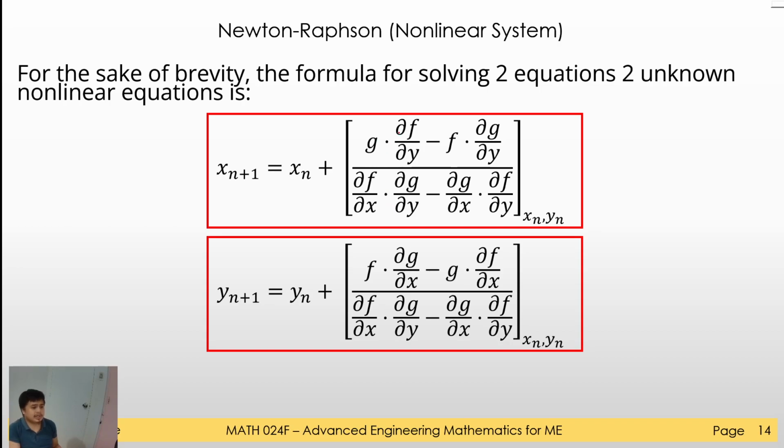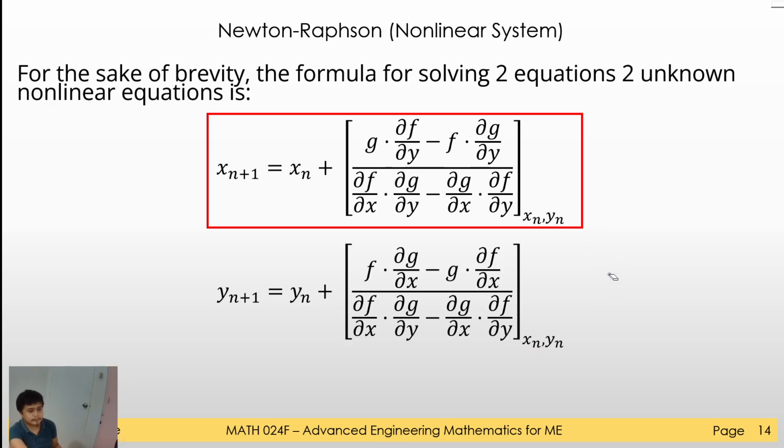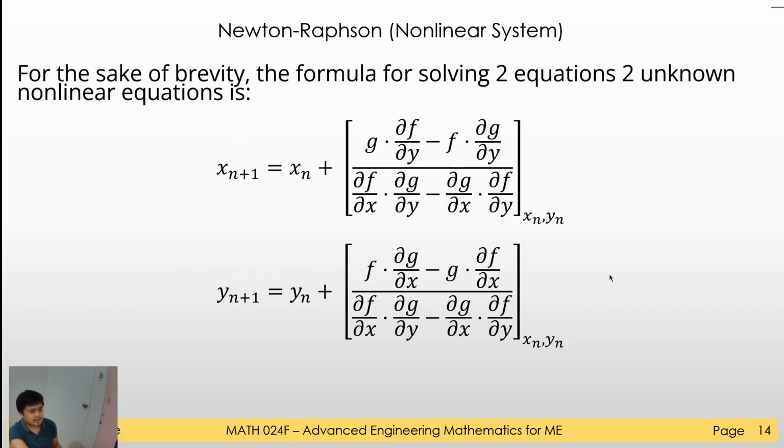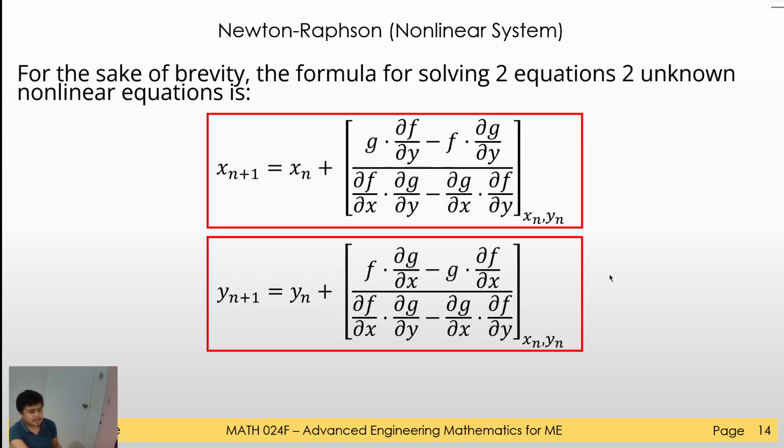Simplifying that, we can get these two equations for helping us solve the system of nonlinear equations using this Newton-Raphson method. I guess you can read this algorithm in the PDF, but I will just get into the example, to make things easier and more concise.